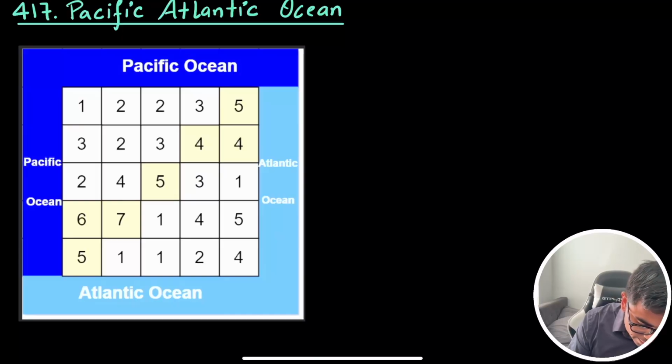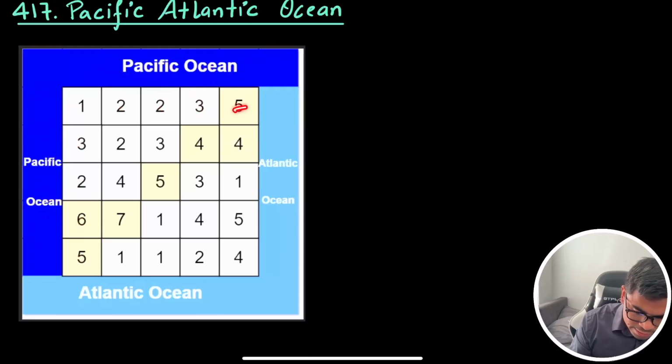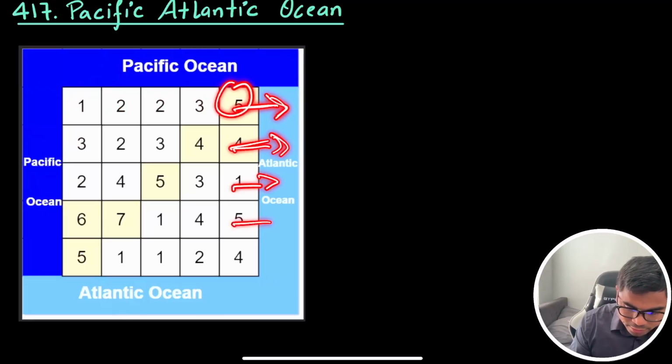Now right here, these values represent different heights of this island from the oceans, right? And we have been told that water can flow out from these cells to the oceans. So water from these cells and these cells can flow out. Basically from these cells the water can flow out to the Pacific Ocean, and from these cells, there are common cells also, it can flow out to the Atlantic Ocean.